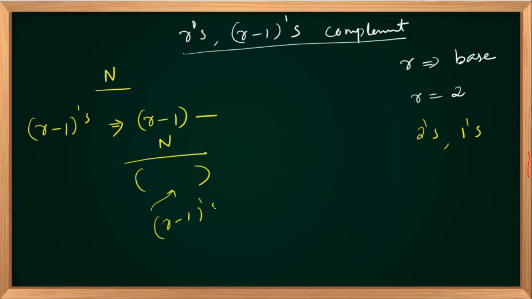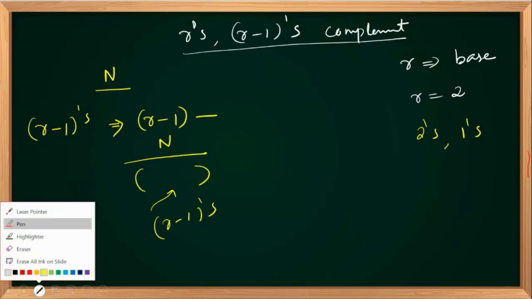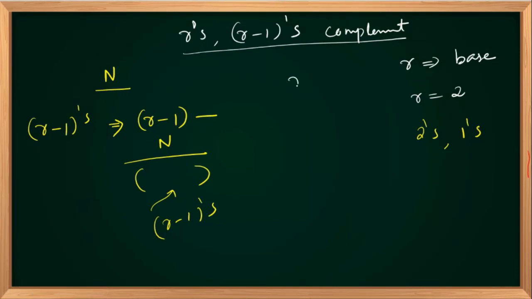Once the R minus 1's complement is ready, you can take the R's complement by adding 1 to the R minus 1's complement. If it is not clear, we'll have some problems, then it will be clear. So base minus 1, individual digit-wise subtraction.